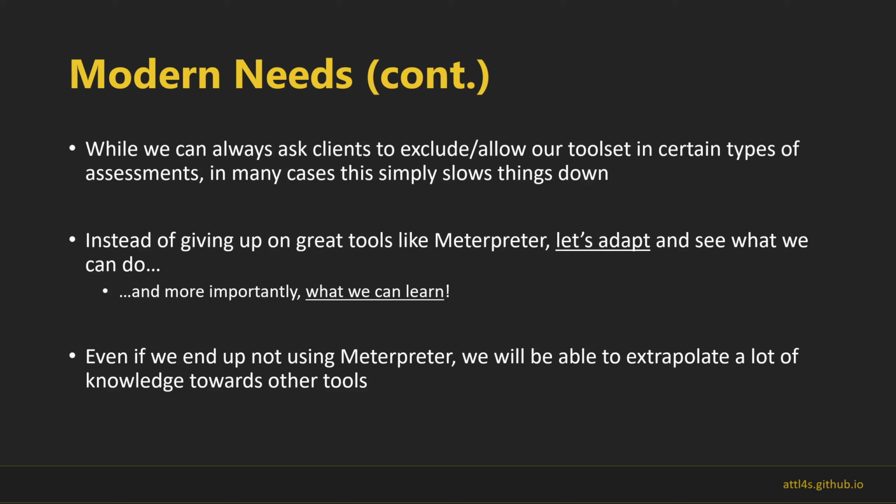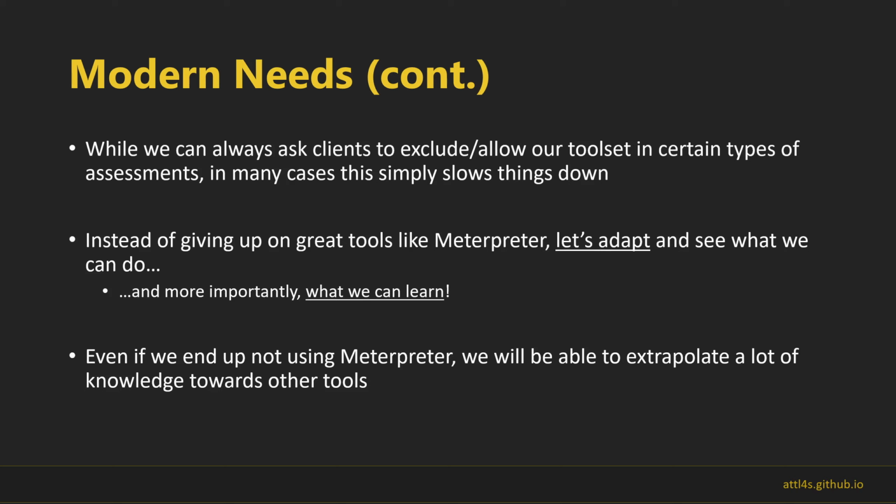So now I understand how a Meterpreter payload is generated. What can I do to modify that generation? Now I understand how a Meterpreter payload is inserted into an executable recipient like an exe.